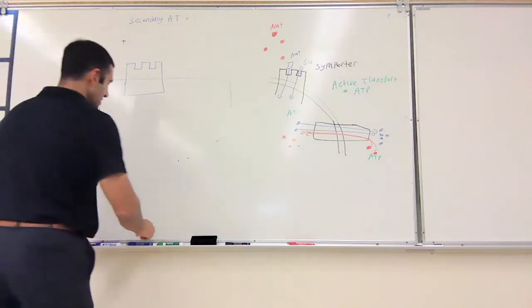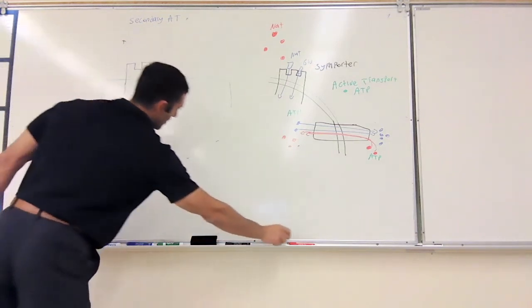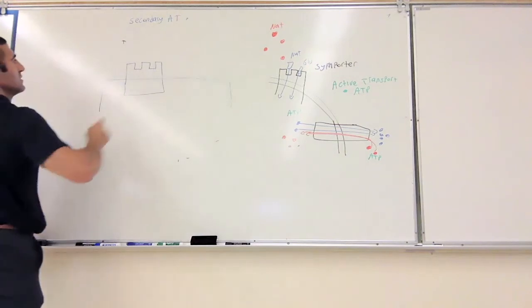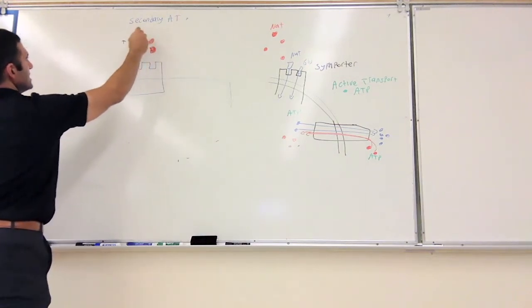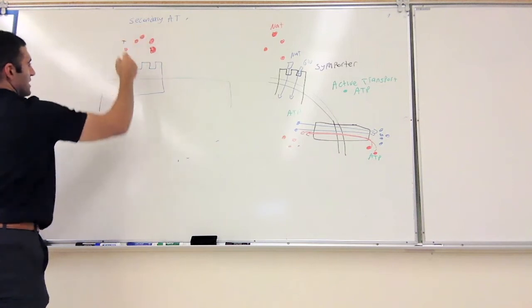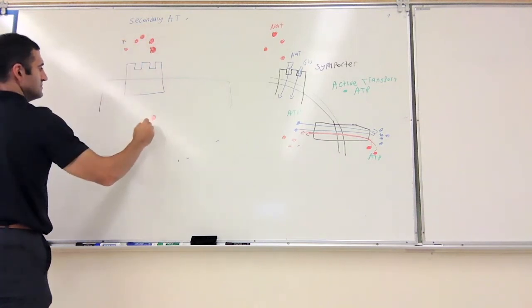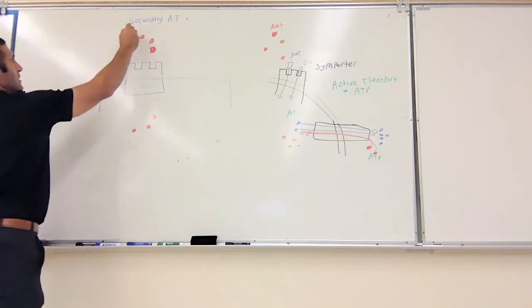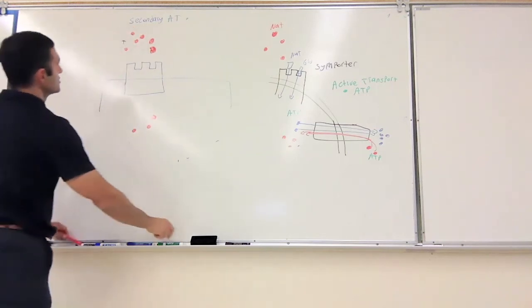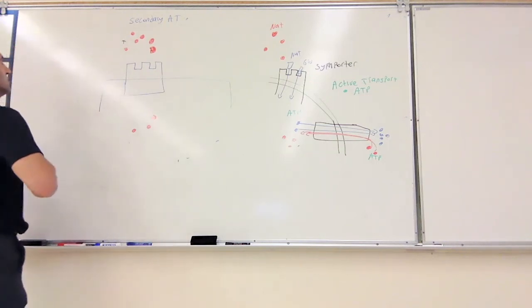So what I'm going to do here is draw sodium in red. Now we see that there's lots of sodium on this side. The other one we're going to do is green for glucose.